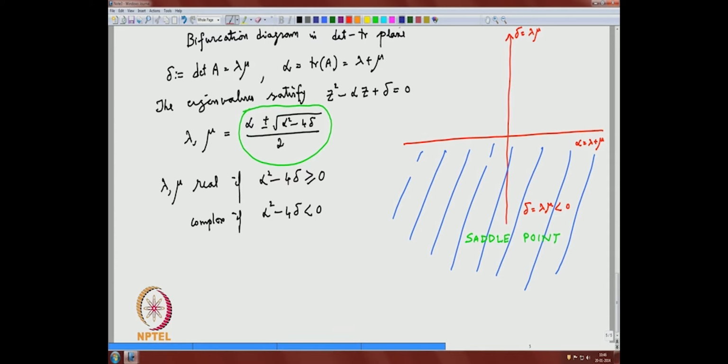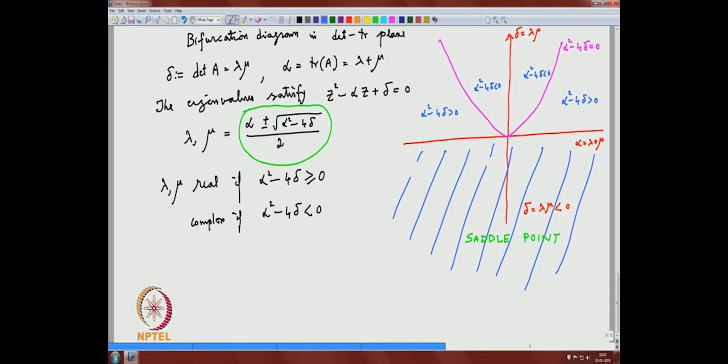This region is alpha square minus 4 delta positive, this is also alpha square minus 4 delta positive, and here alpha square minus 4 delta is negative, and here also negative.